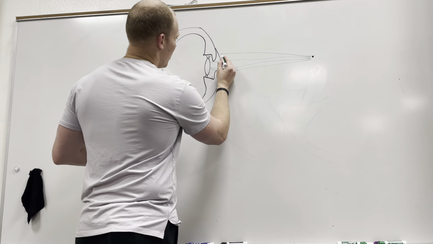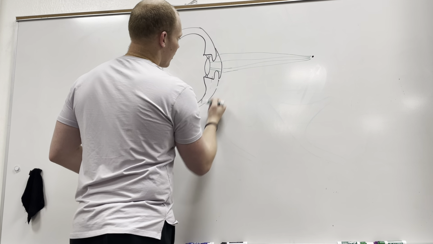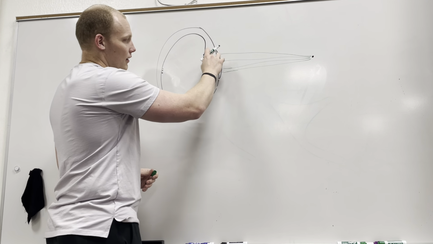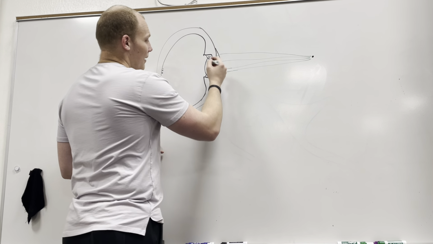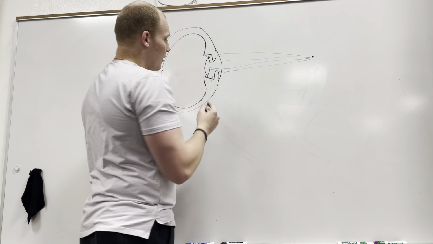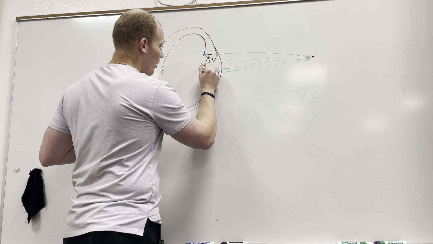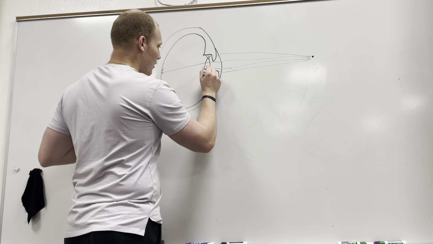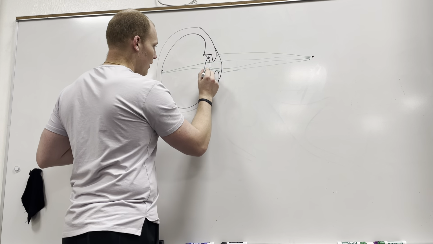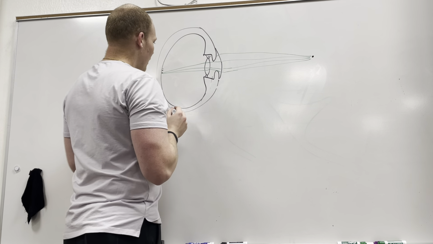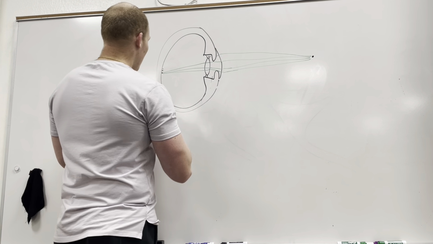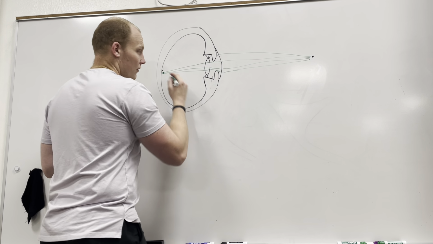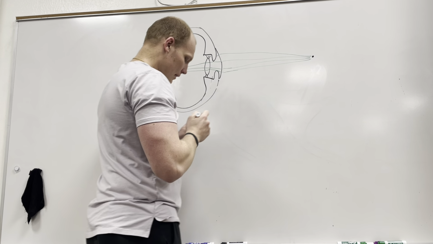And this one, even though it's bending, it's not going to get in because it doesn't fall in the pupil as it's bent. And then, because the lens is also curved, the light's going to come through and bend again. This is going to bend. And this one's going to bend. And it's all going to come in and focus on that retina. One point here on the retina for this one point out here.